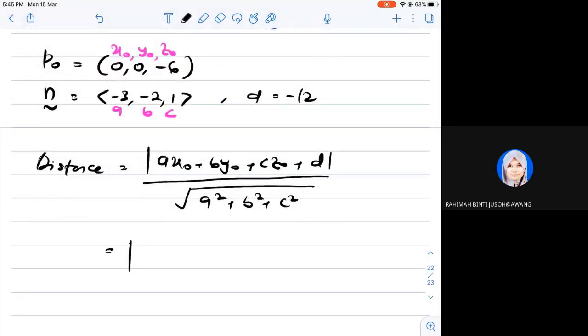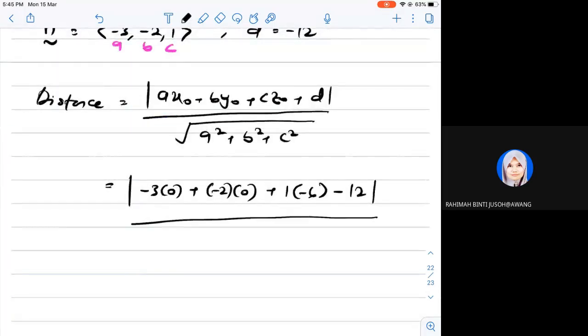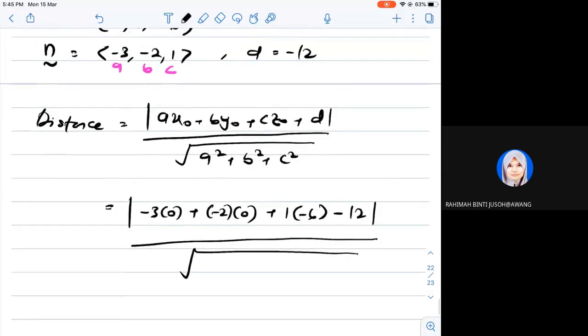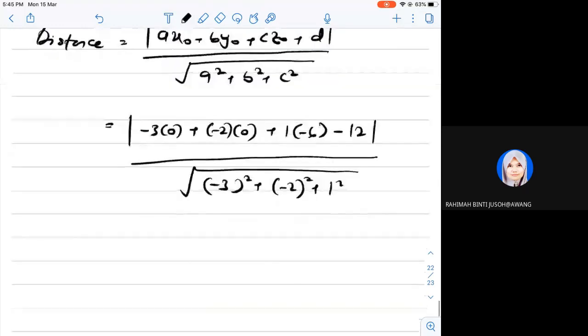We will have -3 times 0 is 0, plus -2 times 0 also 0, plus C. C is 1. 1 times -6 and then -12, over, you order calculator guys, A squared: -3 squared plus -2 squared plus 1 squared.